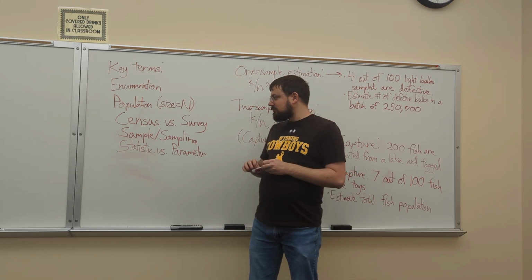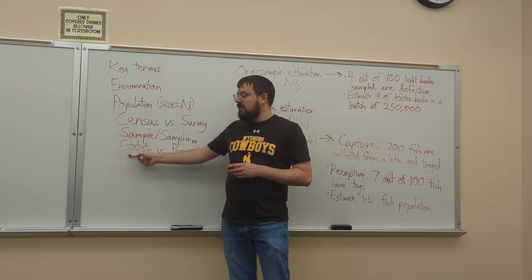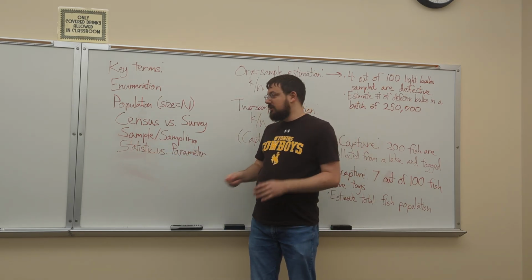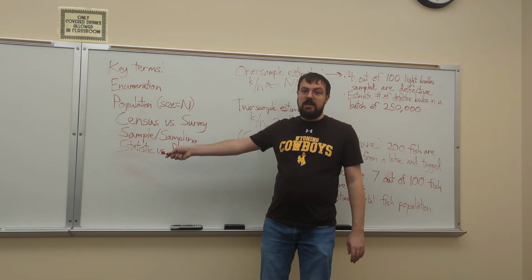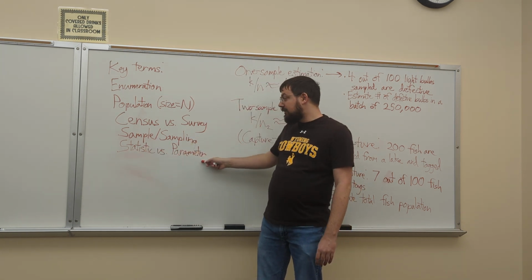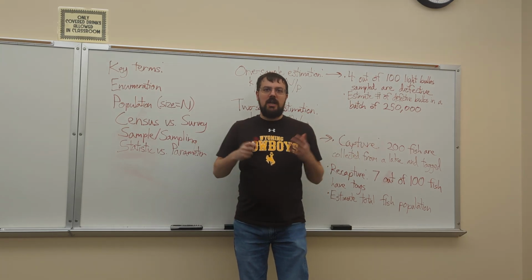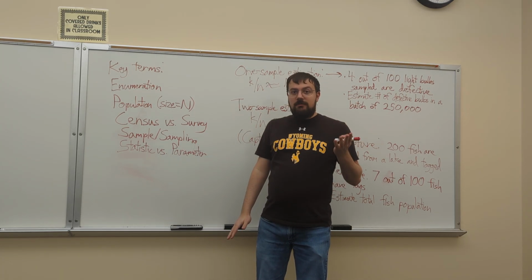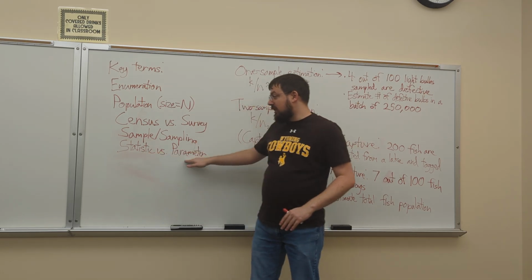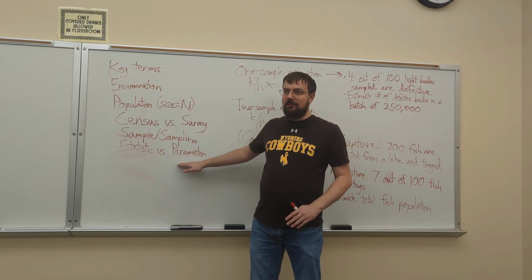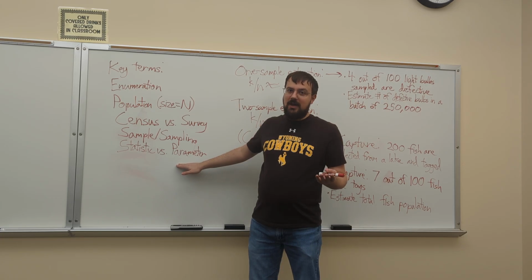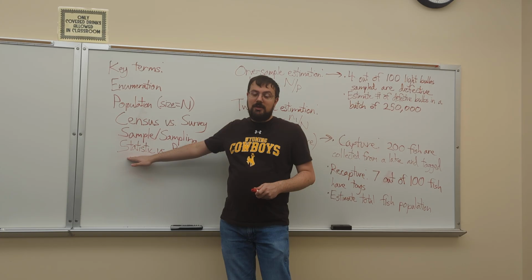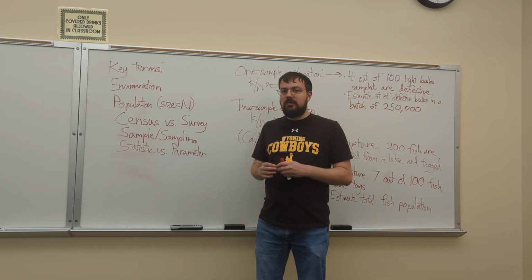So the statistic, say we're using a sample to estimate the average age, the statistic would be whatever average we get from that sample. The parameter is the true average age of everyone in that population. So you can kind of view it as a statistic is an estimate of the parameter. The parameter is our true value for whatever piece of data or information that we're looking for. The statistic is the estimate that we get from our sampling process.